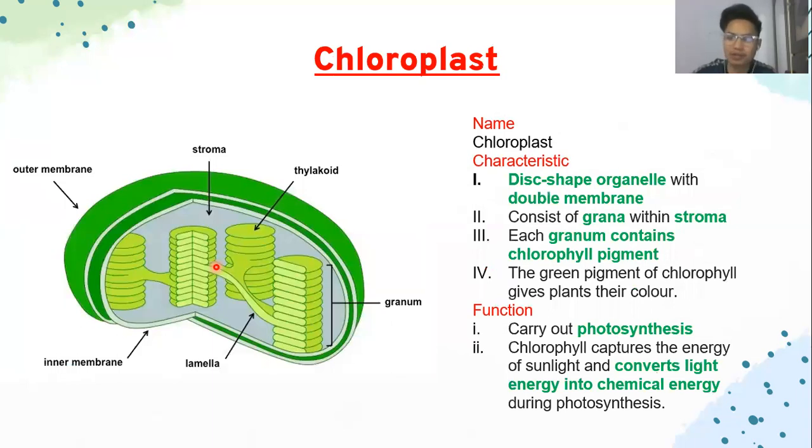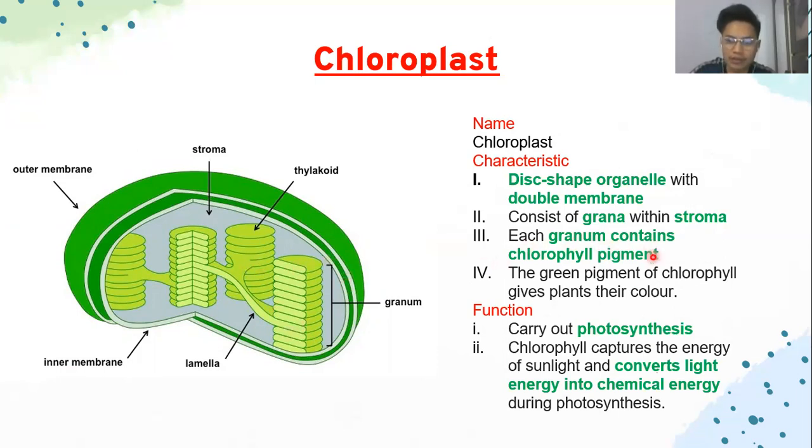Next is chloroplast. The characteristic is a dish-shaped organelle with a double membrane, which also has an inner and outer membrane. That's why we call it a double membrane. It consists of grana within the stroma, which is here.